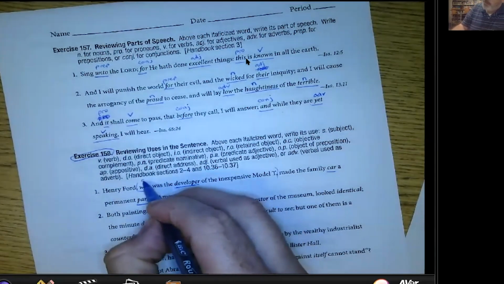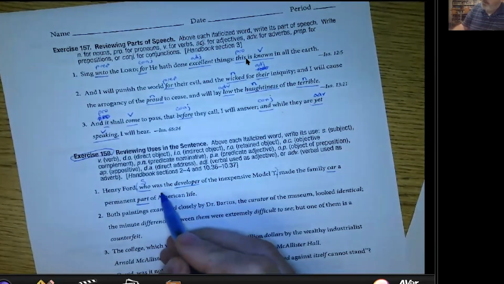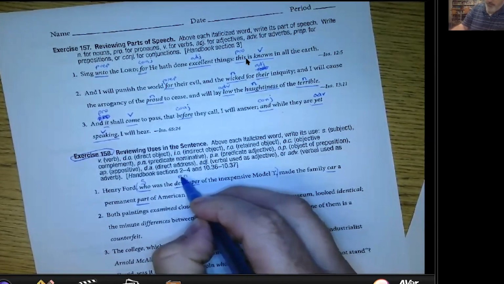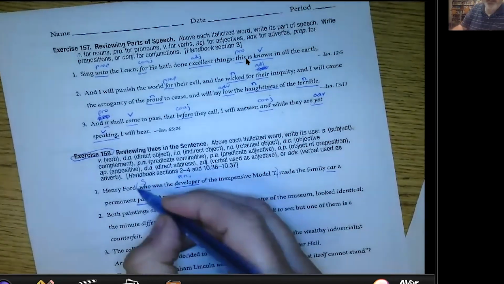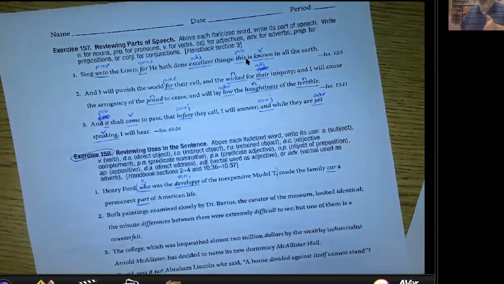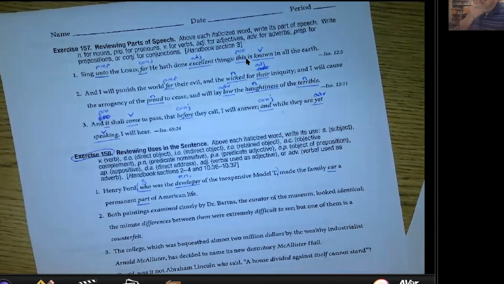Who is the subject. Was is the verb. Developer is the predicate nominative. Okay? Remember, context is everything. We have to find the clause and do the function of the word inside its clause.